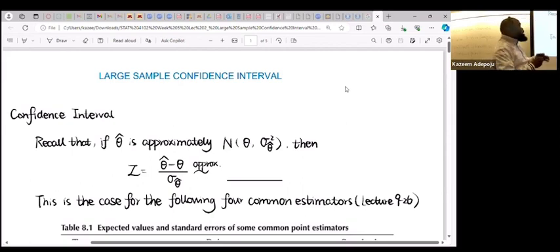That is the reason why today's topic is the interval estimator, or the confidence interval, that we put in place using a large sample.